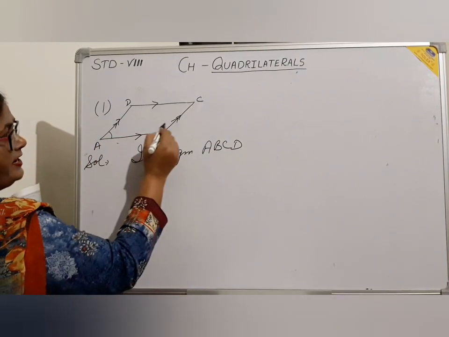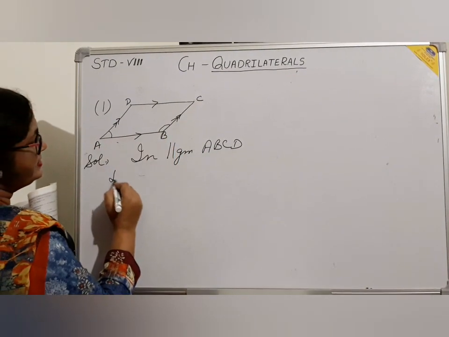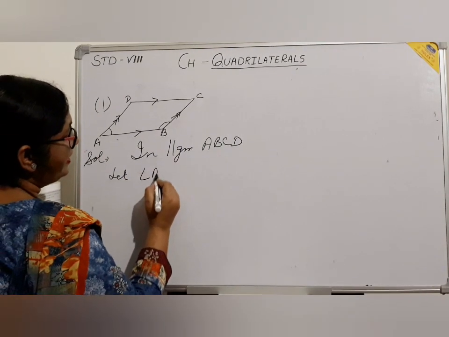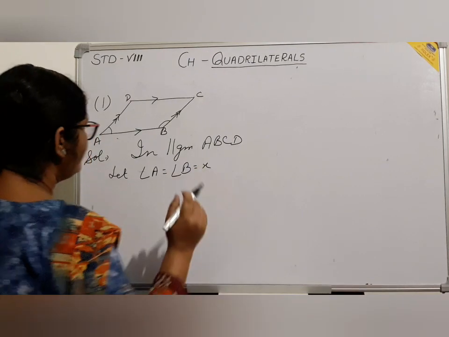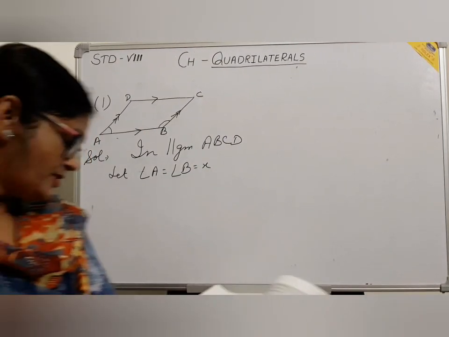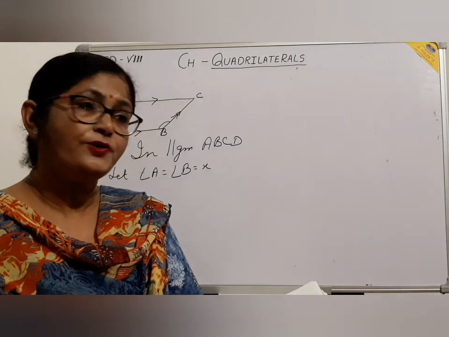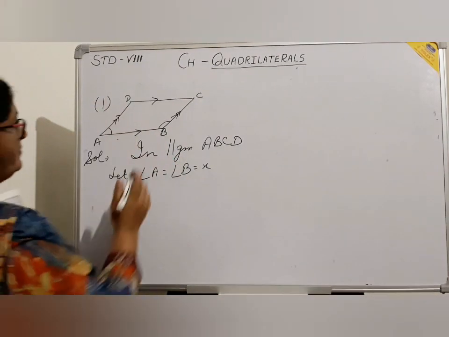Angle A and angle B. Let angle A is equal to angle B is equal to X, because the question says two adjacent angles are equal.